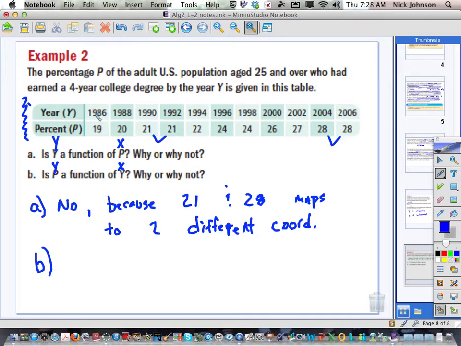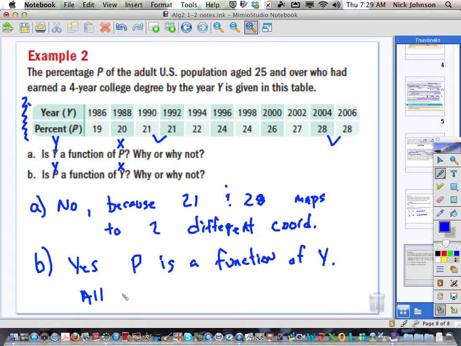So if you look at y, are all the years different? 86, 88, 90, 92, 94, 96, 98, 2000, 2002, 2004, 2006. Are they all different? Yes. Since they are all different, we know, yes, P is a function of y.